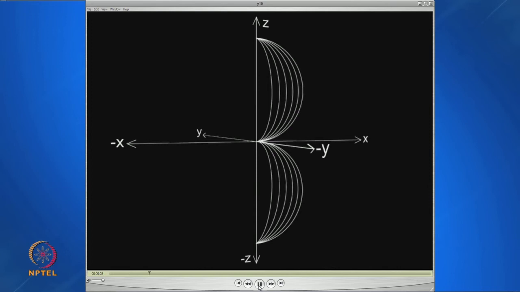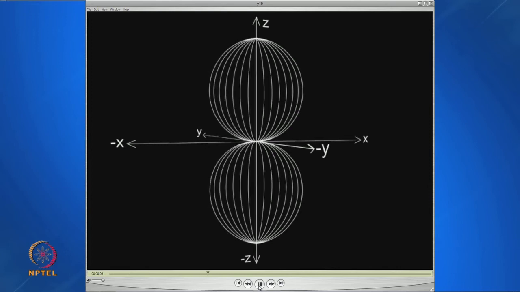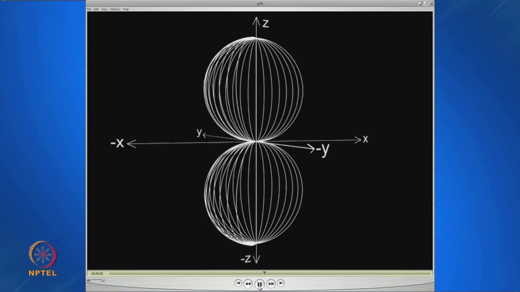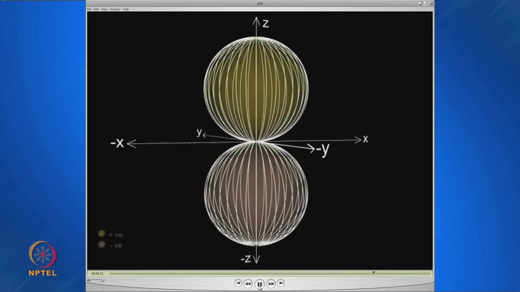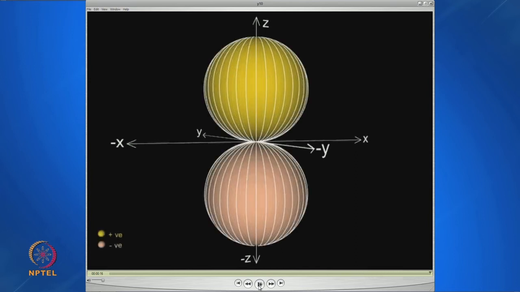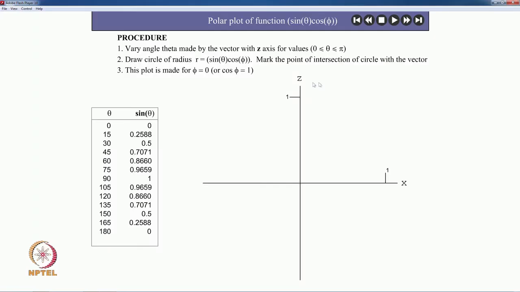Therefore, if you plot it for all values of phi, you will get the same graph, with of course the plus and minus signs marked on either side of the x axis, because you know cos theta is negative for theta greater than 90, and that is below the x axis, and above the x axis cos theta is positive. Therefore, this is the standard representation of the p orbital that you see, plus minus lobe, which is nothing but the pz orbital, sin theta cos phi and sin theta sin phi, which are along the other two directions.